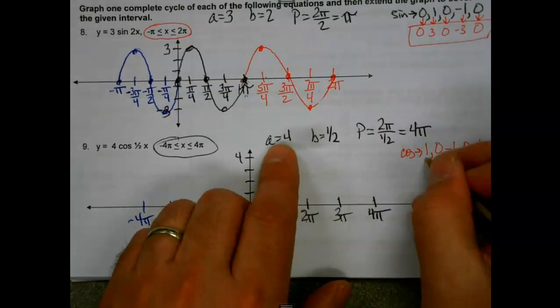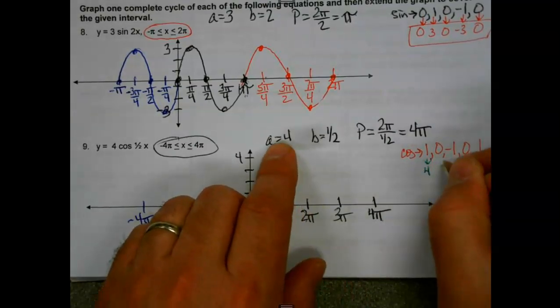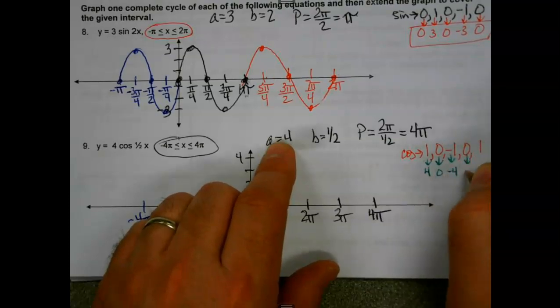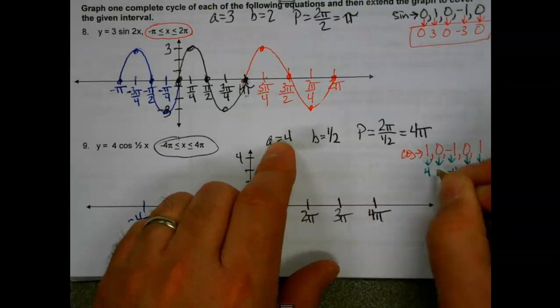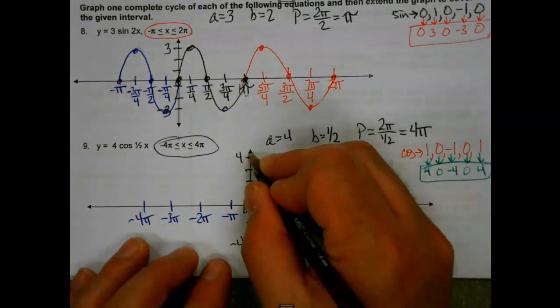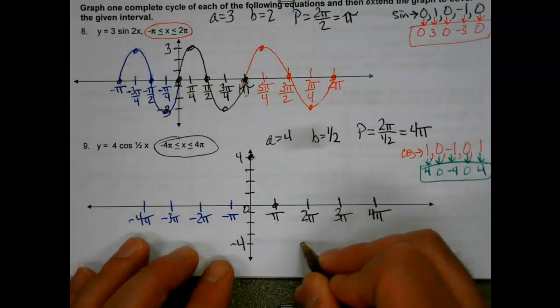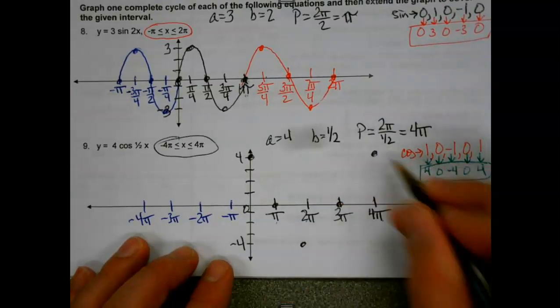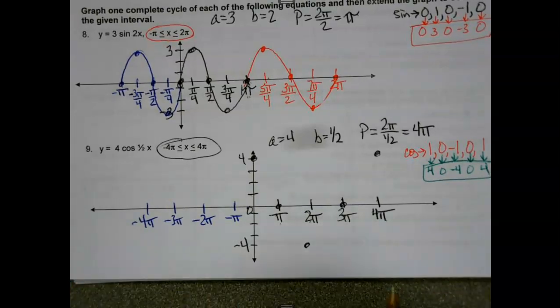And since my A value is 4, and I've got my points to play with, now it's just a copying game of making sure I had my x-axis set up correctly.